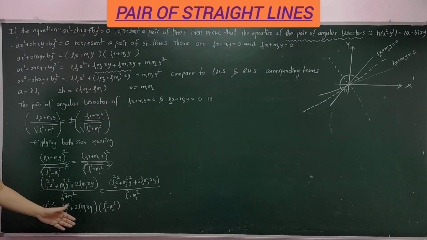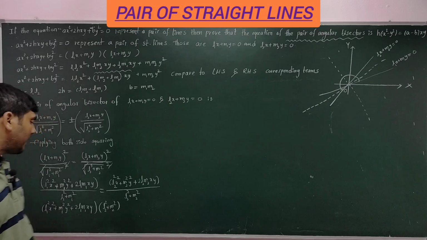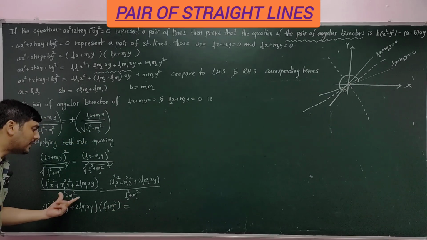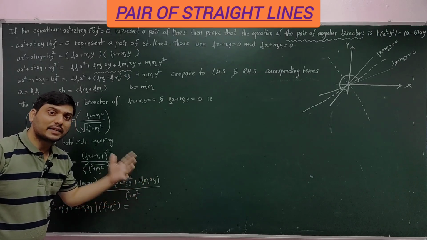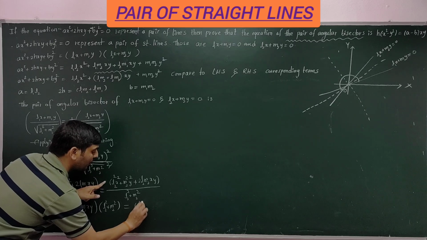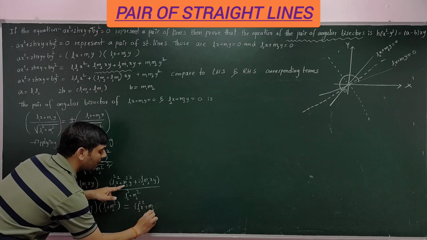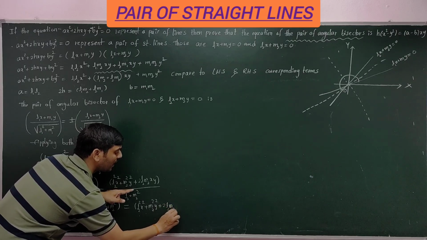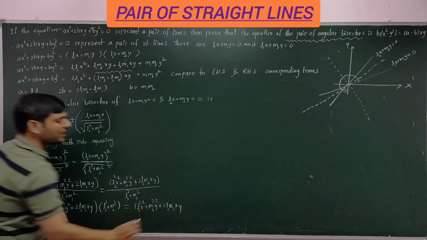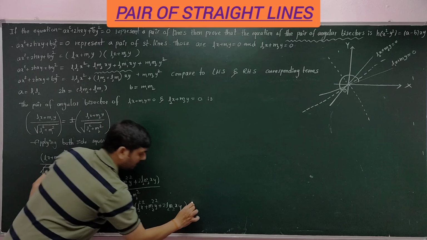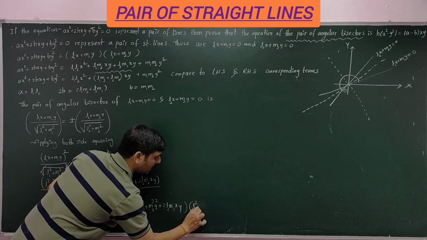Simply say that this is the cross multiplied method, okay, is equal to. Now this term is multiplied to the numerator of the right side fraction, L2 square x square plus m2 square y square plus 2 L2 m2 xy, multiplied with the denominator of the left side fraction, L1 square plus m1 square.